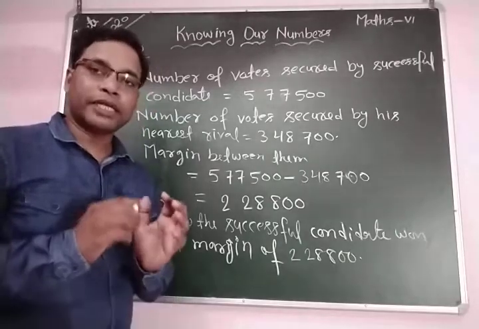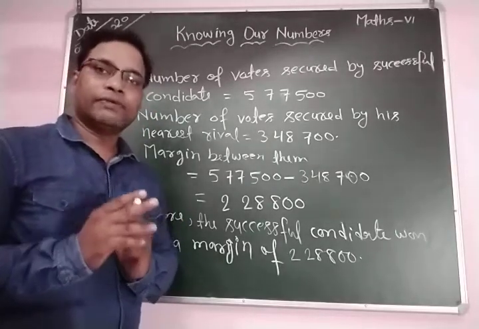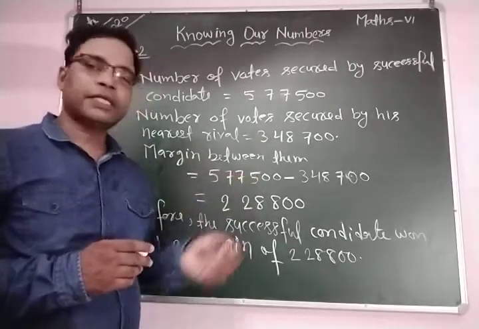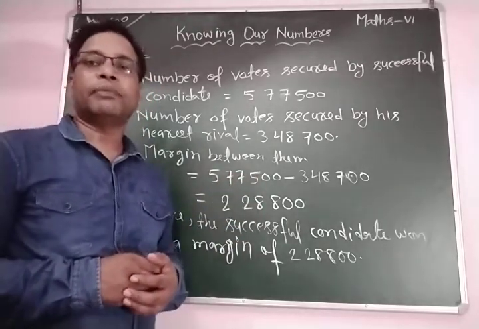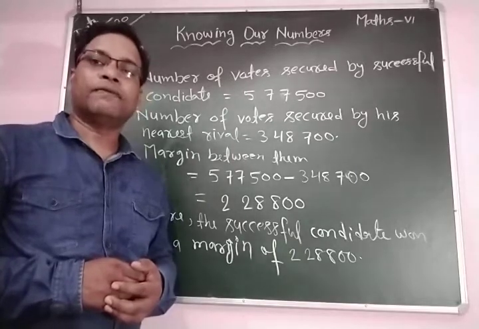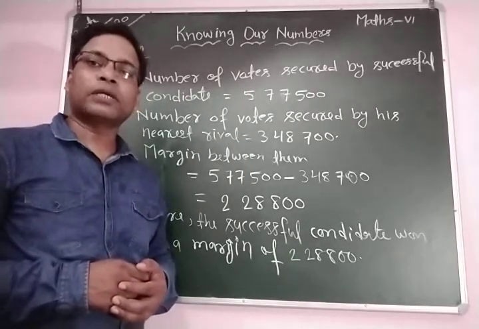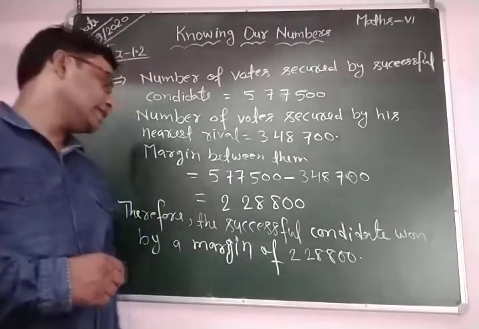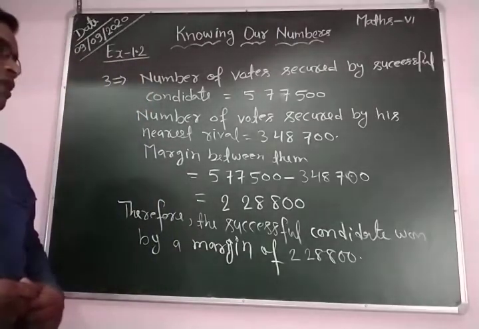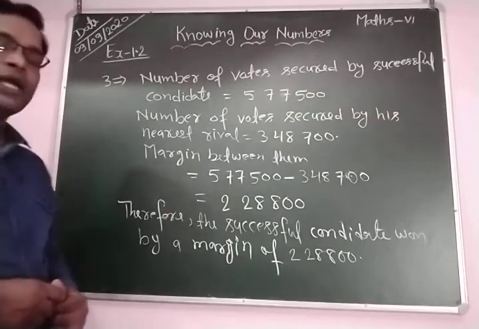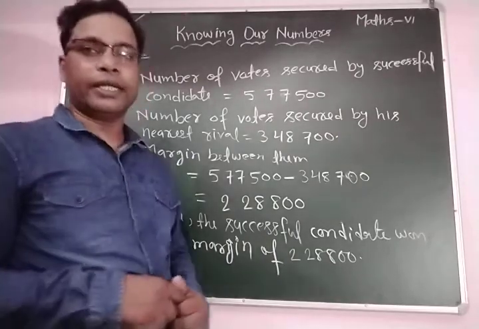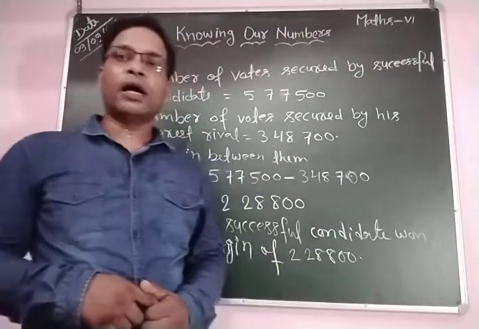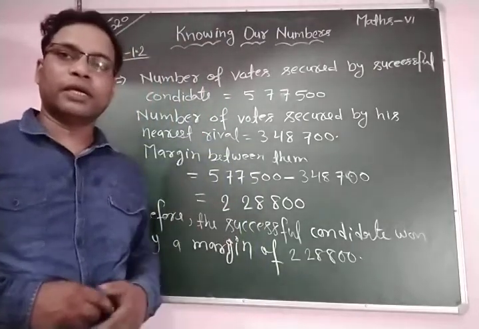We need the difference between them, so we subtract 3,48,700 from 5,77,500 and obtain 2,28,800. So the successful candidate won by a margin of 2,28,800. Students, I hope all of you understood how to solve such questions.